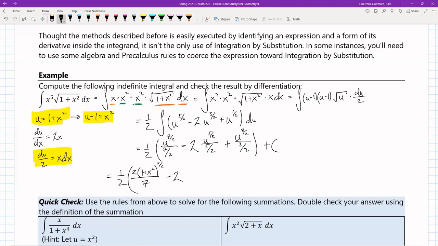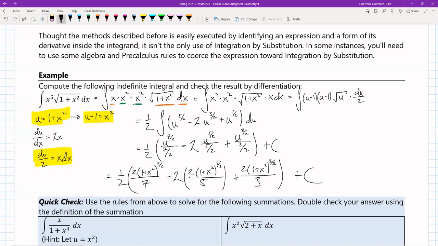Minus 2. I'm going to go ahead and simplify that fraction. It's going to be 2 on top times 1 plus x squared to the 5 halves divided by 5, plus the last bit, 1 plus x squared to the 3 halves, with the 2 up front, divided by 3, plus c.